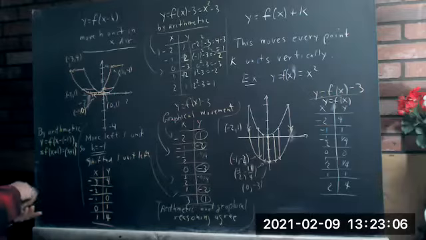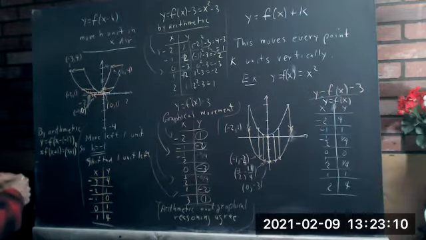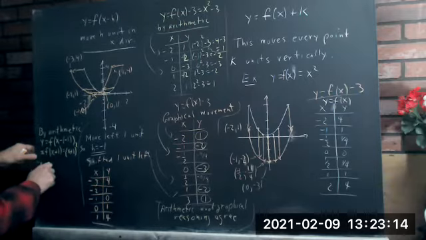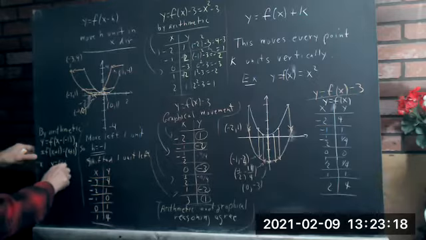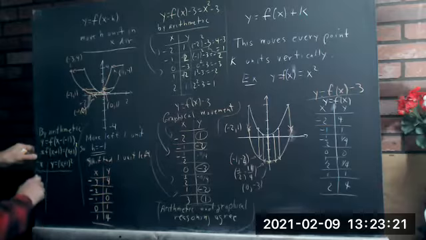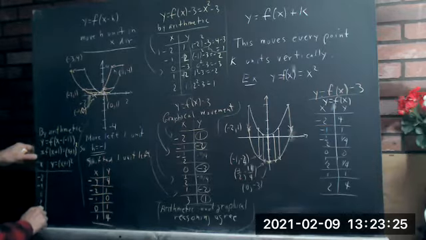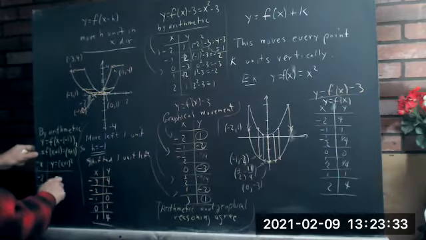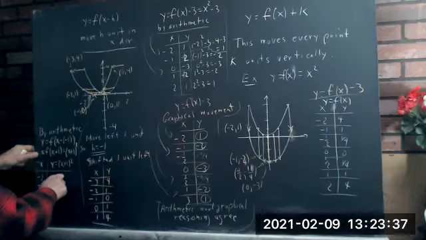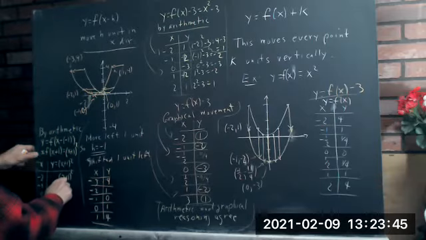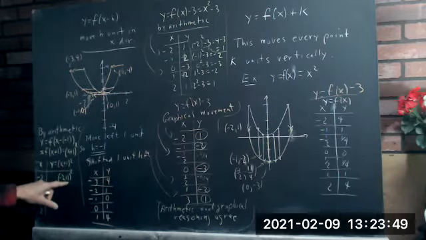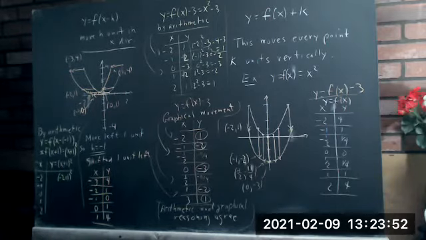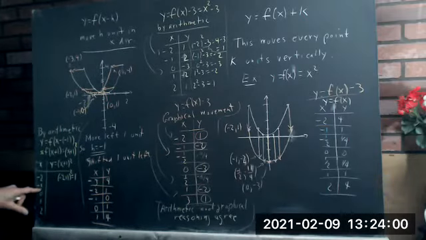So now, for my x values, if I plug in x equals -2, I get -2 plus 1 squared, that's 1.